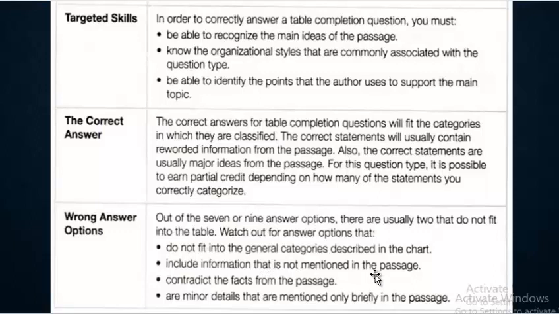Third, they contradict the facts from the passage. Or they are correct but are minor details mentioned only briefly in the passage. So we are not searching for minor details here.